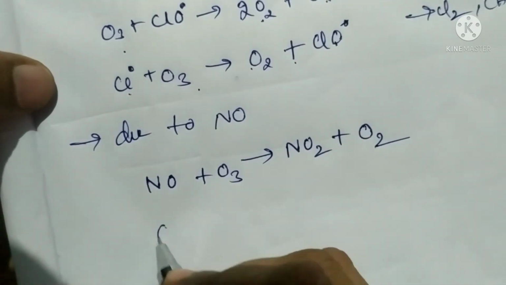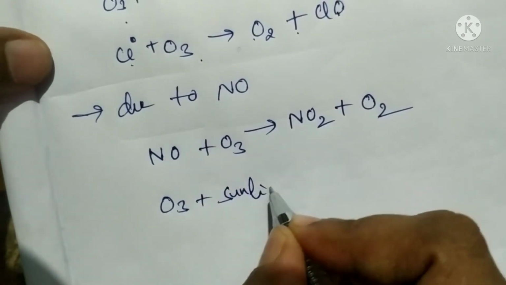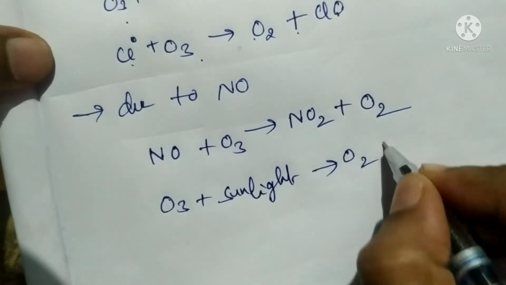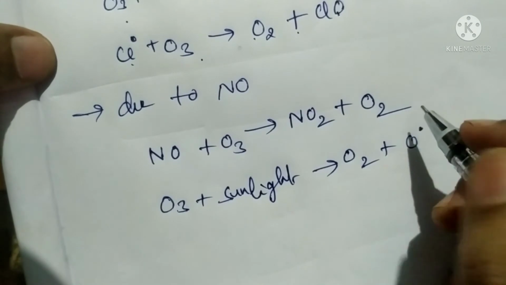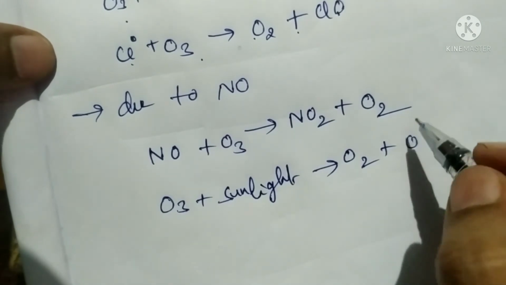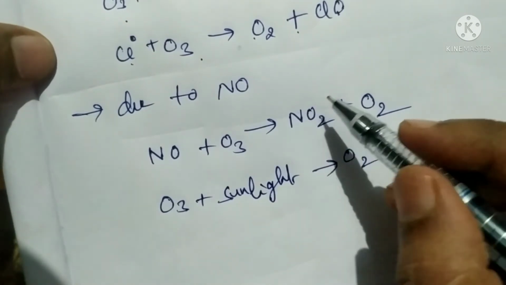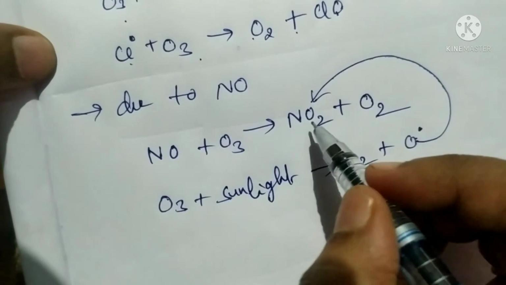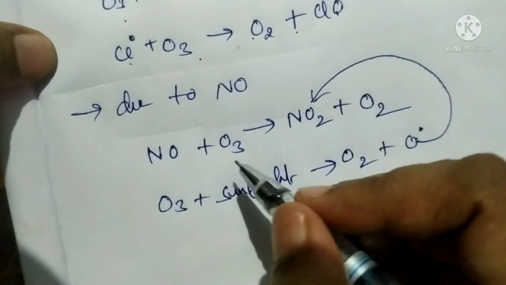Normally, ozone in the presence of sunlight is dissociated into oxygen gas and an oxygen free radical. This oxygen free radical again reacts with nitrogen dioxide and forms nitrogen monoxide and oxygen gas.